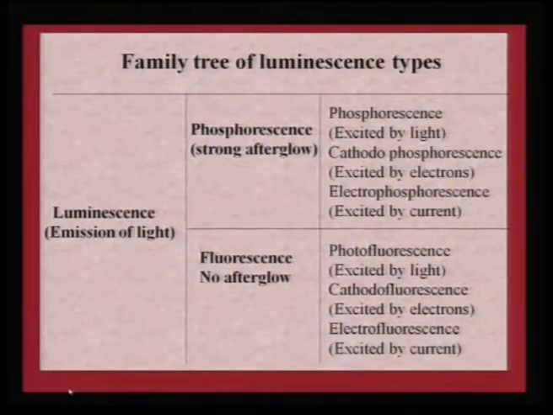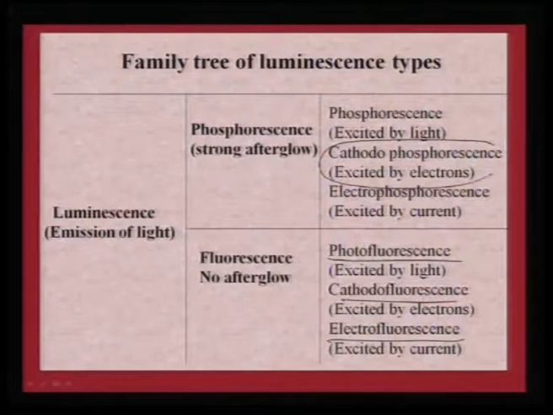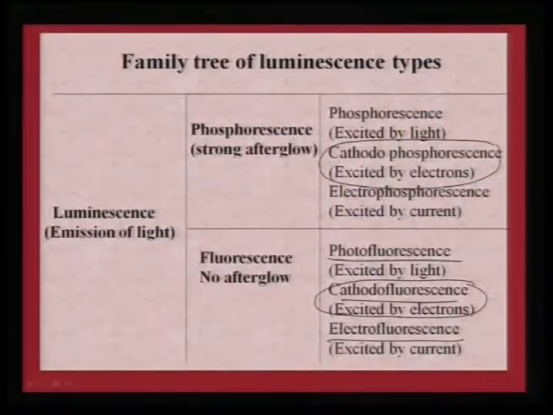The same is true for fluorescence: you have electrofluorescence, cathodofluorescence, and photofluorescence. So as you would see here, the category of light emission comes from the initiating process, and phosphors with either cathodophosphorescence or cathodofluorescence are a well established one out of all these possibilities, and this is basic to CRT tube applications, which I will come to in the next few slides.